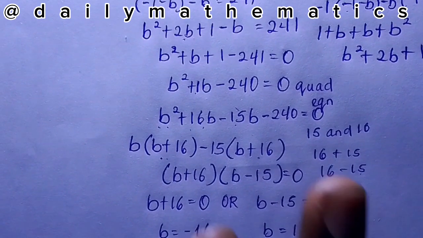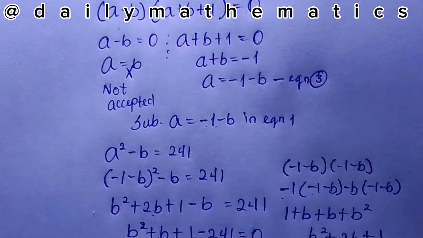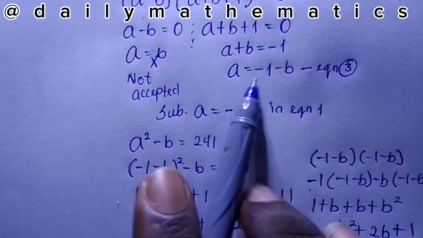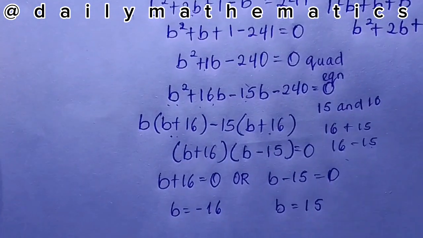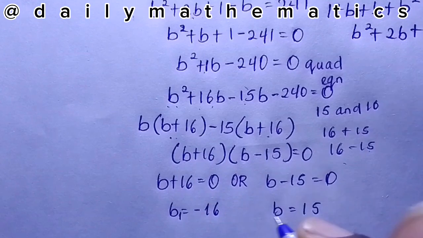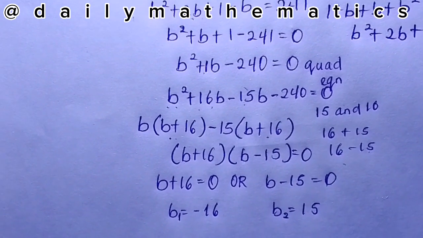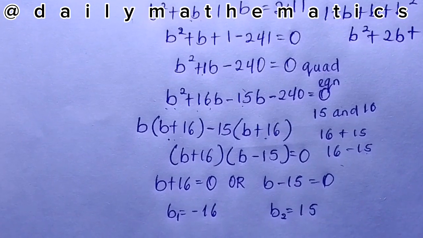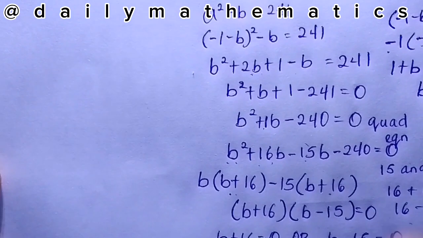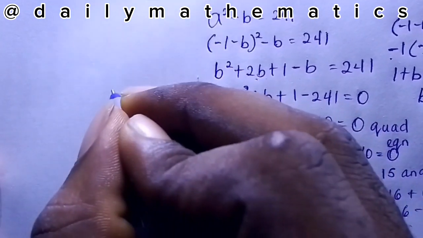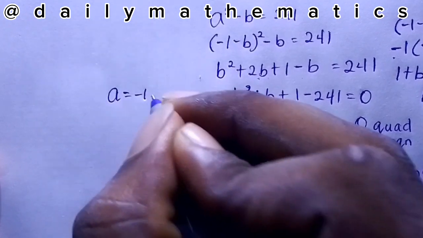Now from this other equation, equation 3 we had here, a equals minus 1 minus b.